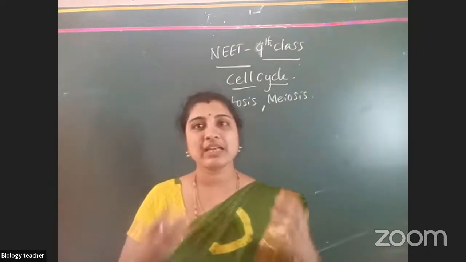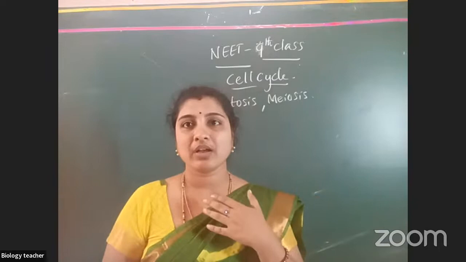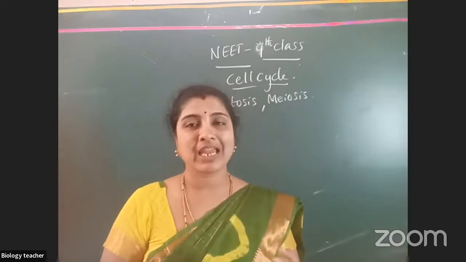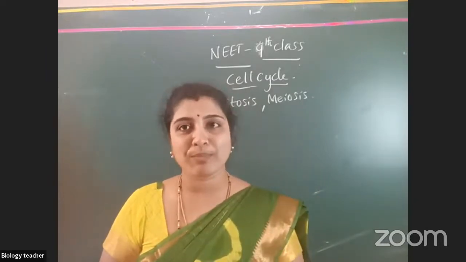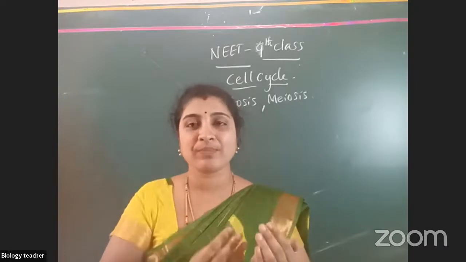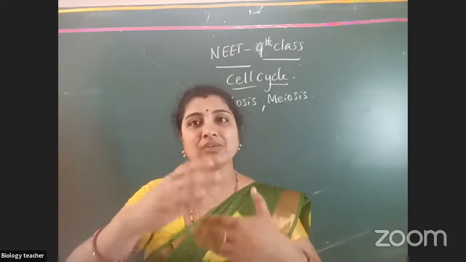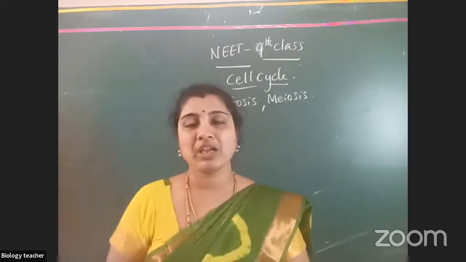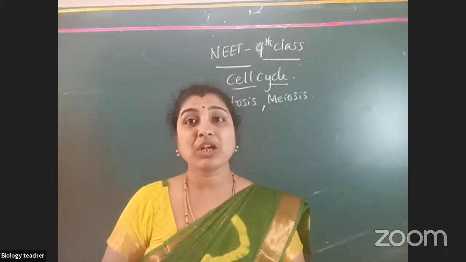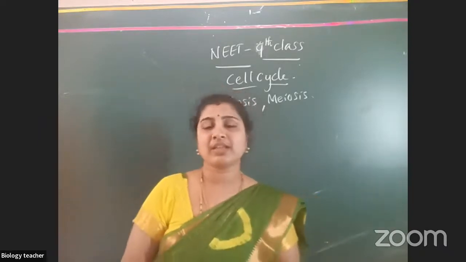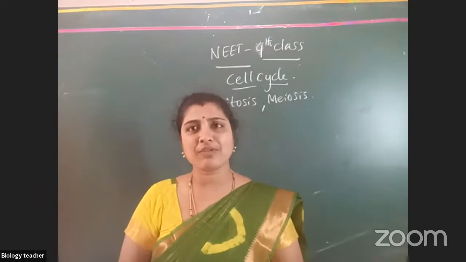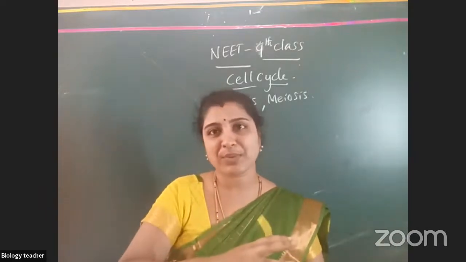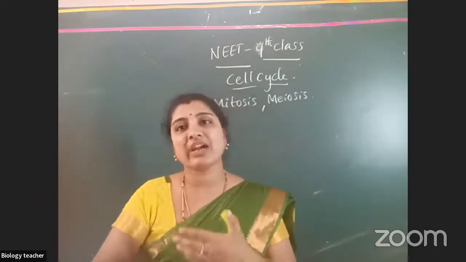For example, when we are at the age of 0 months, we are very small, but after that we gain weight and grow tall. Why? Because of the addition of new cells. Where do the new cells come from? The already existing cells divide and divide.